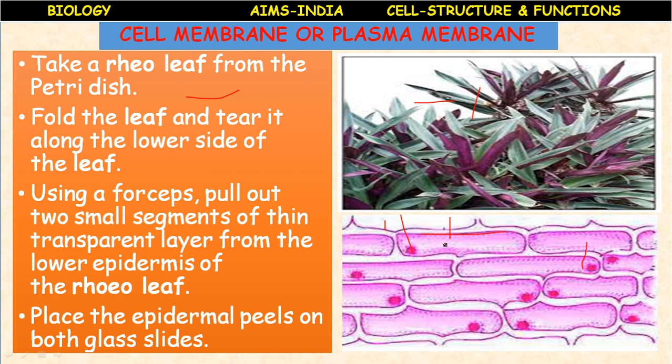So you can compare your observation. The outer boundary colored area is actually the cell membrane, which became separated from the cell wall. This is the cell wall. So beneath the cell wall, you can see the cell membrane.